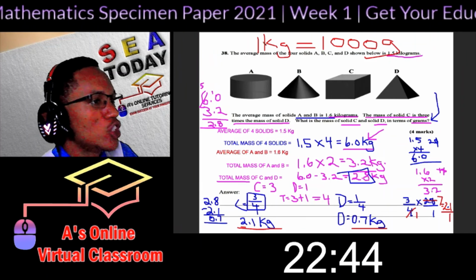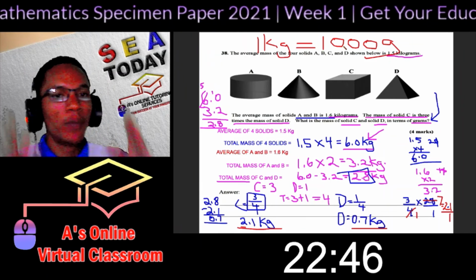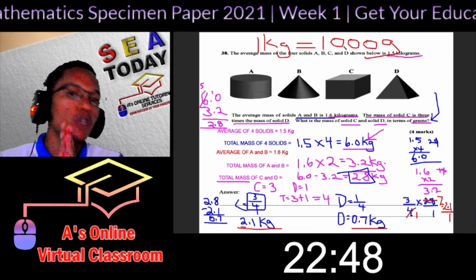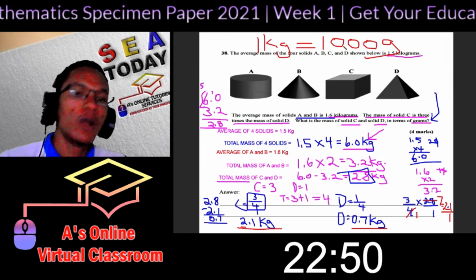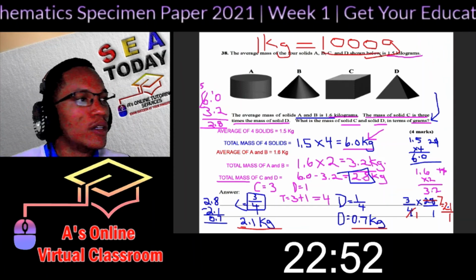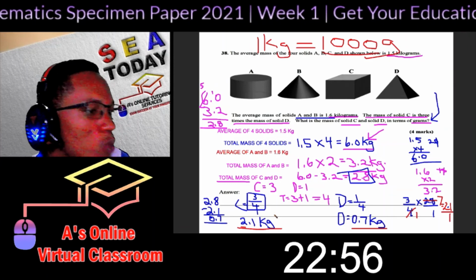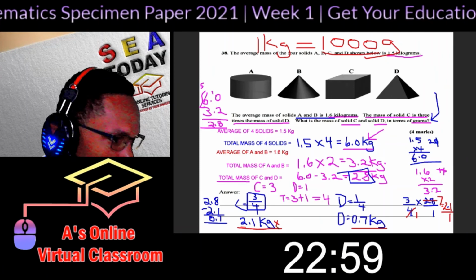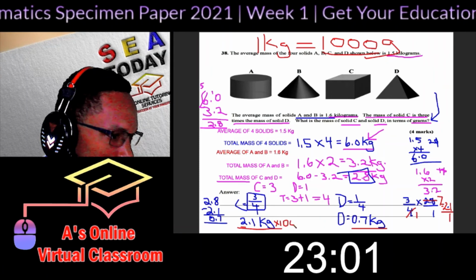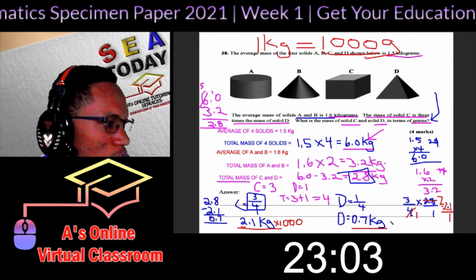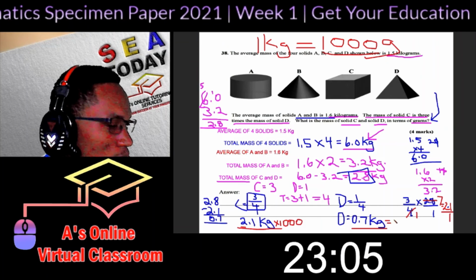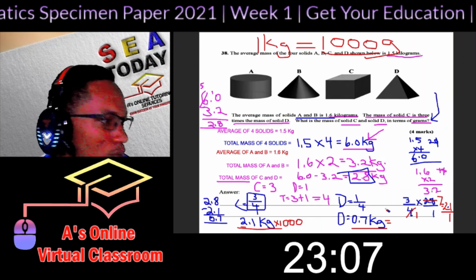So to change kilograms to grams, we're going from a big unit to a small unit. So you want to multiply by the conversion, which is 1,000 in this case. So it will be 2.1 multiplied by 1,000 and 0.7 multiplied by 1,000.